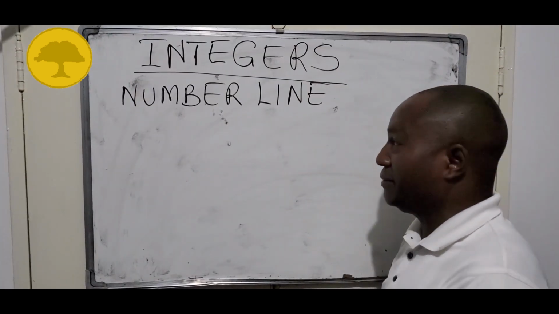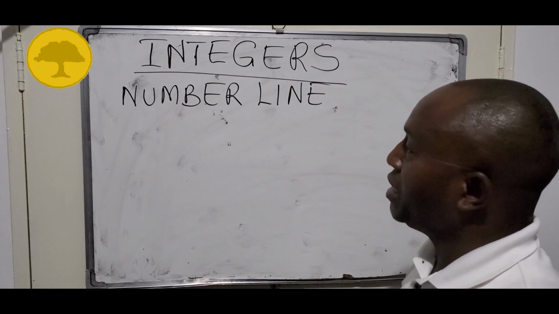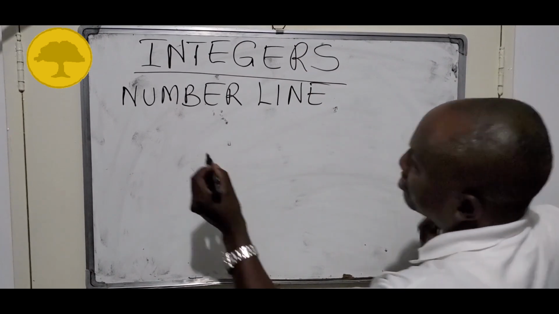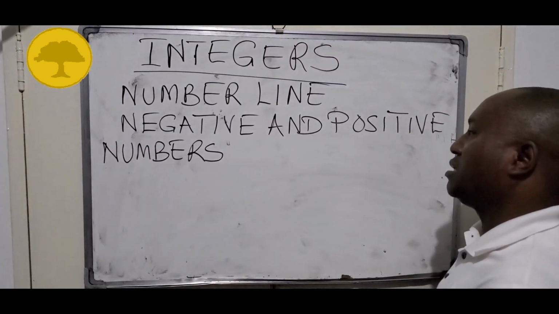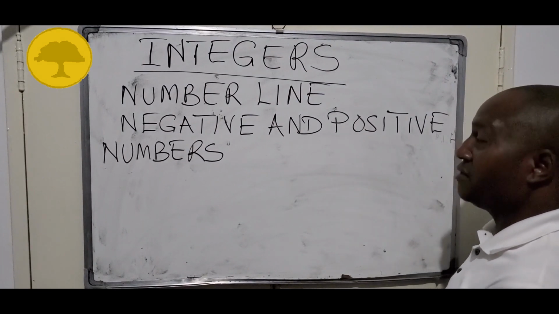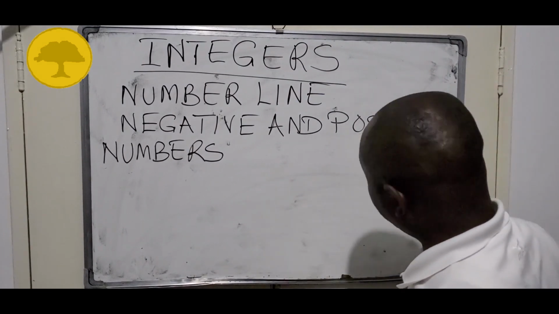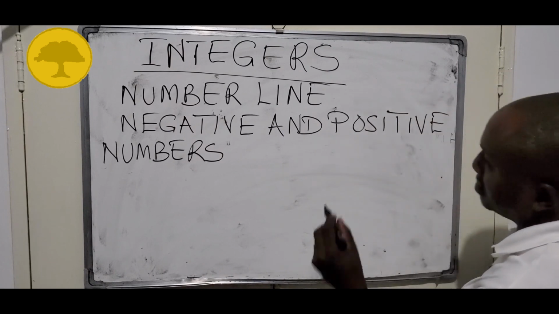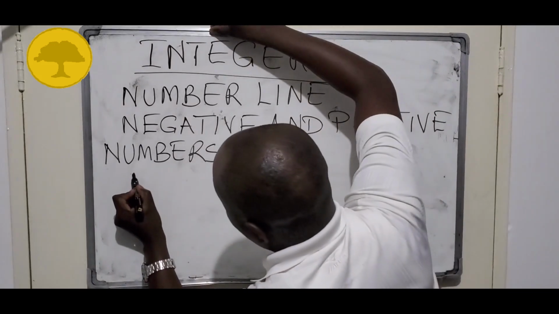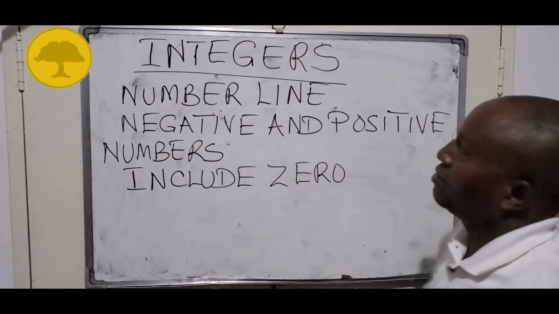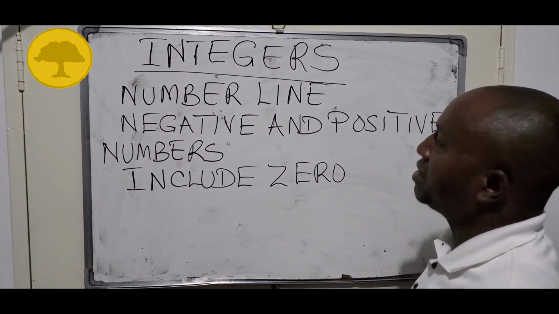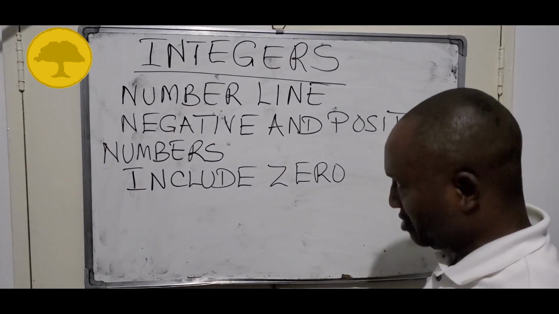With the number line, we basically introduce negative and positive numbers, and these are basically the numbers that make up the set of integers.